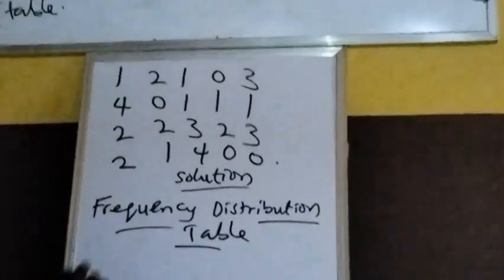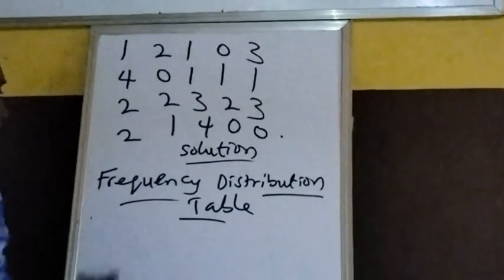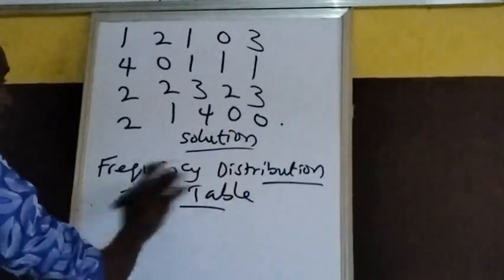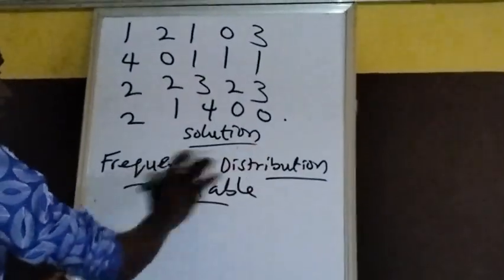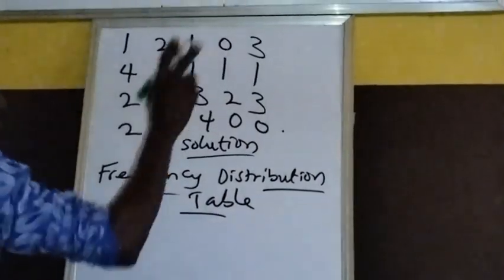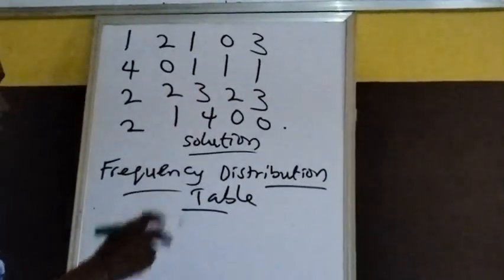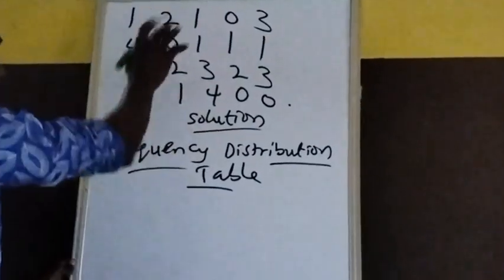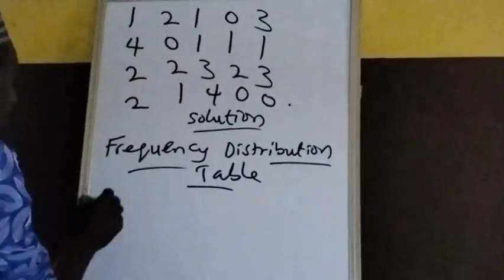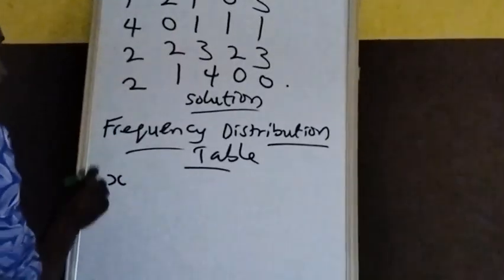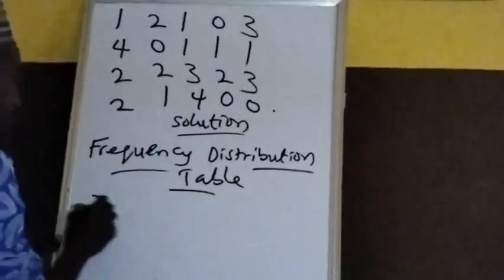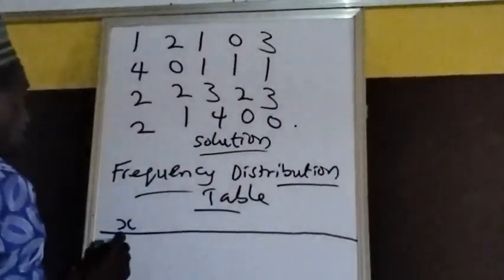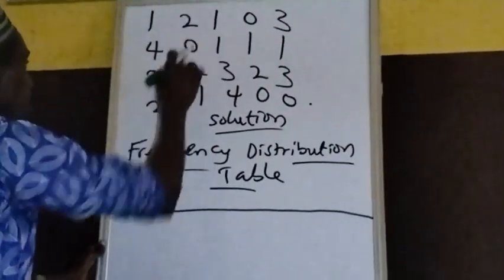Remember, the first one says we should draw a table, and the heading of the table is frequency distribution table. The number 2 information says we create a column for all the data and name it x.